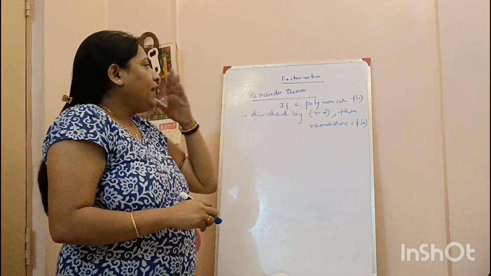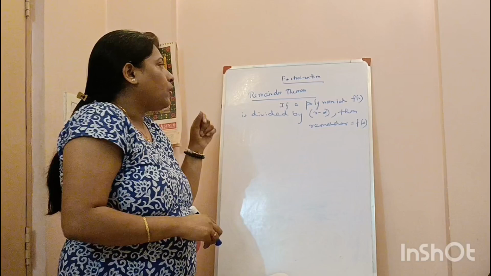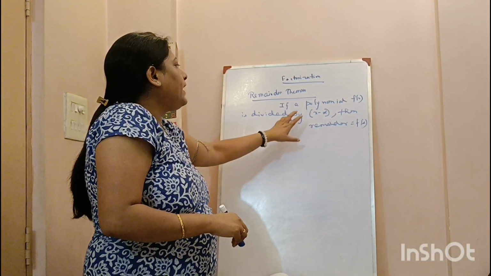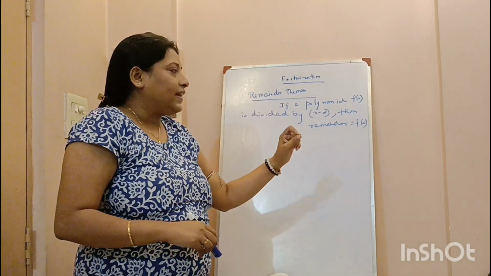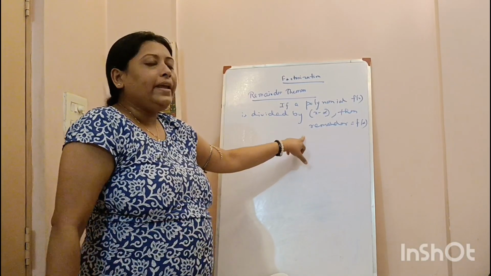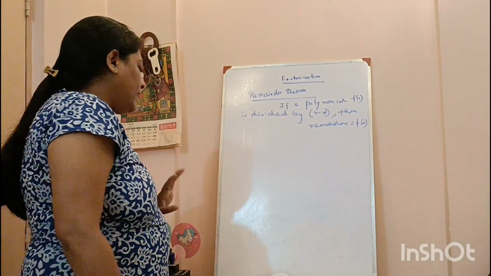If a polynomial f(x), obviously a non-zero polynomial, is divided by x minus alpha, where alpha is a real number, then the remainder equals f(alpha). So that is the remainder theorem.